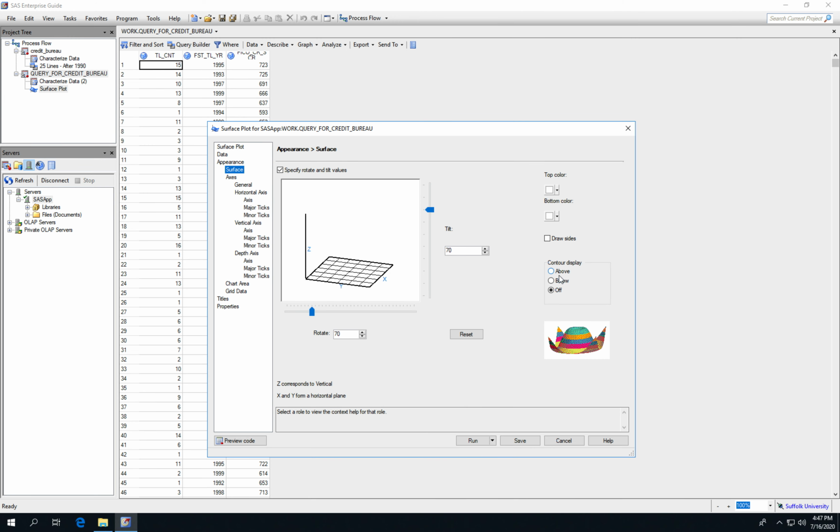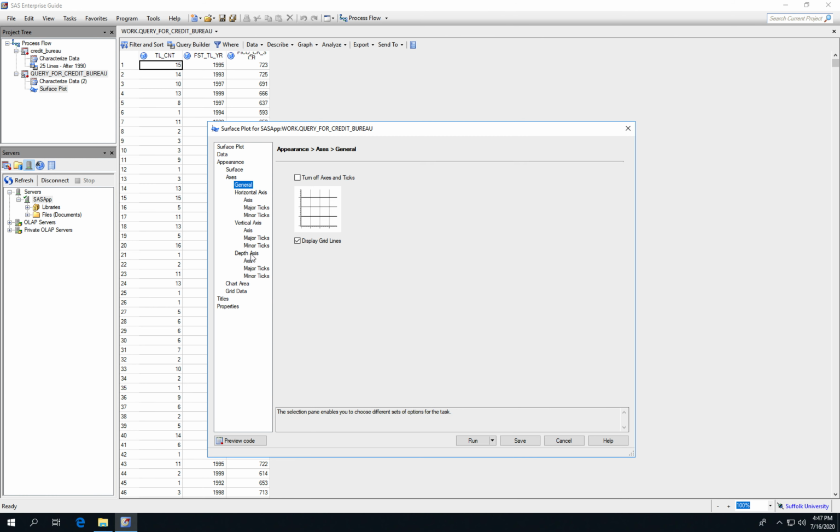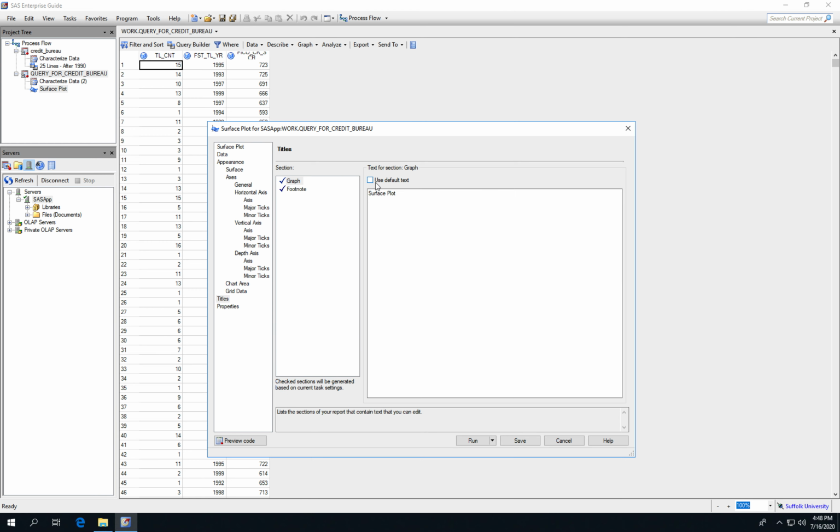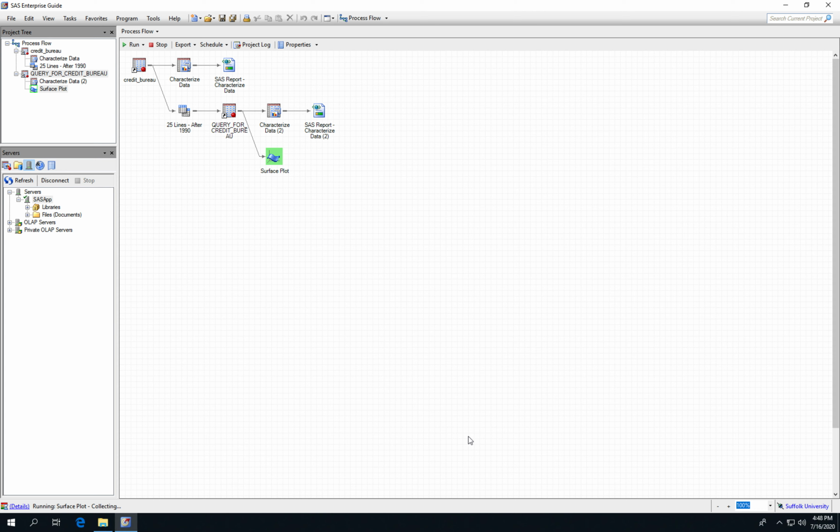You can have a contour displayed above or below your surface plot, but I don't want to do that because I just want to look at it on its own. You can mess with the tilt, but again, I'm not going to do that. In terms of axes and chart area, I'm going to leave these as defaults. Grid data is not something I need to mess with. I'm going to leave the titles as default, but I could uncheck this and write my own title. So I'll run that surface plot and see what comes out of it.